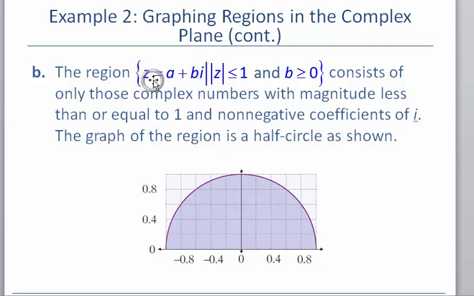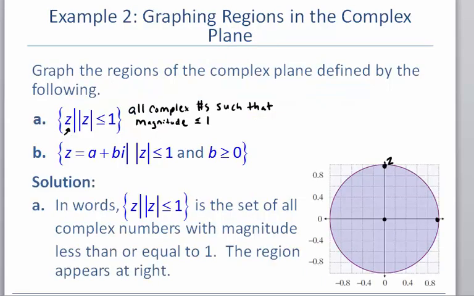Instead of just writing a z, they've written a plus bi, so this is simply saying all the complex numbers, remember that the line indicates such that, the absolute value of z, the magnitude, is less than or equal to 1. If we were looking just at this part, this is the same as part A and would have produced the same graph as what we have here.